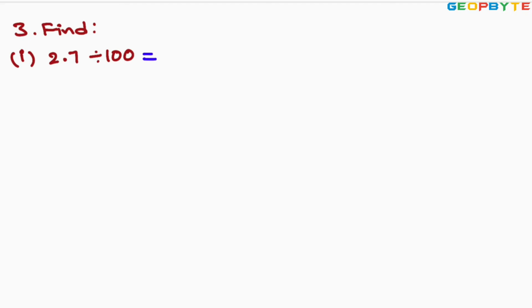On dividing a decimal by 100, the decimal point is shifted to the left by 2 places. We have 2.7. So if we shift the decimal point towards left by 2 places, then we'll be getting 0.027.